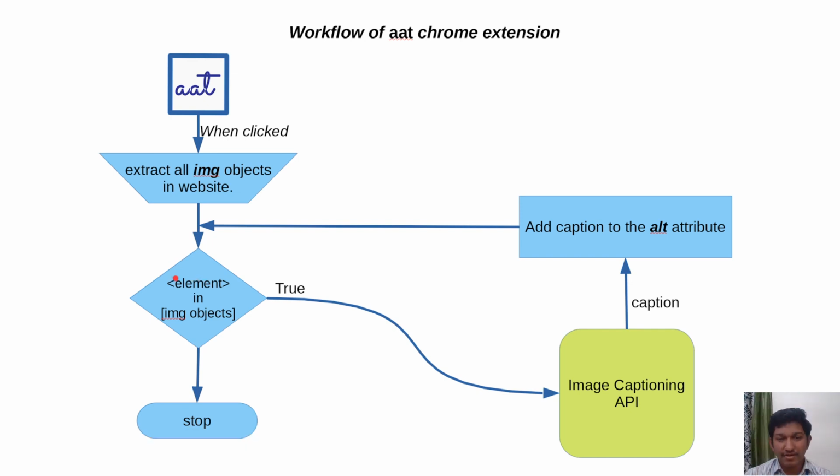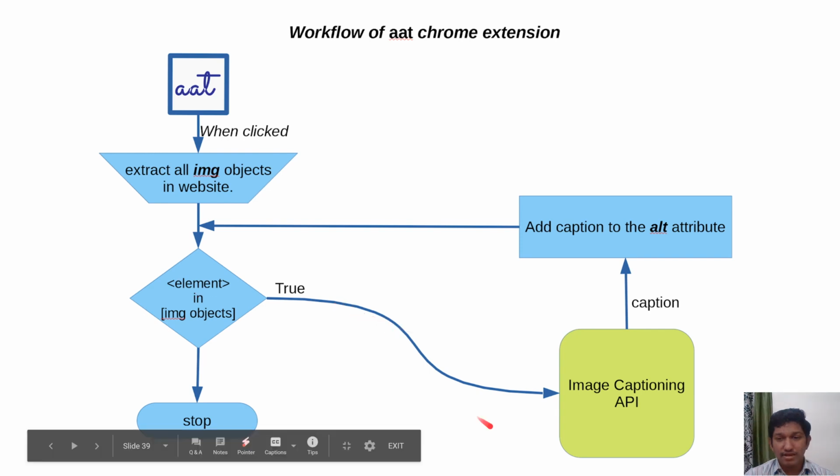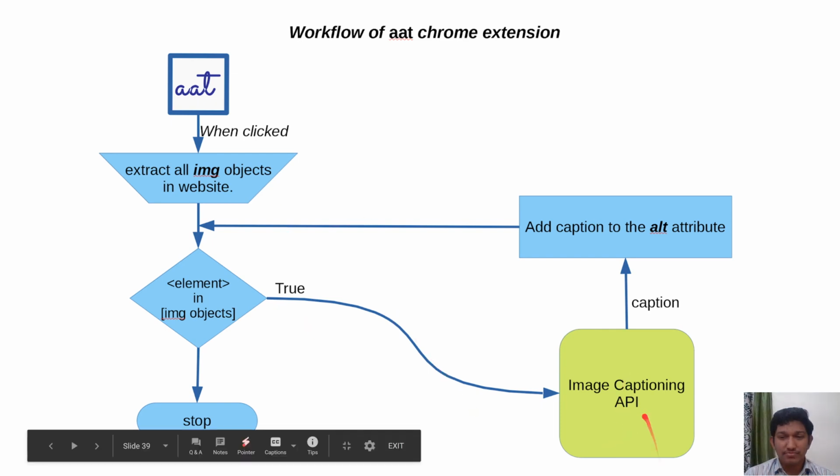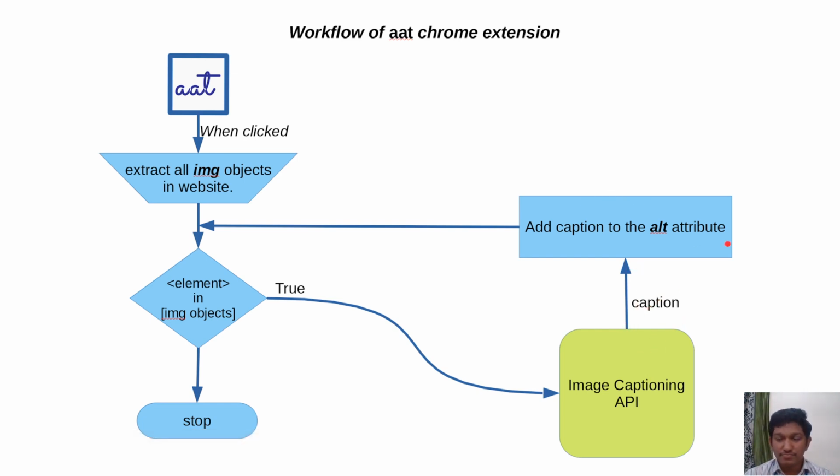For every image object, the image.src value, which holds the URL, is sent as a request to the image captioning API. After sending that URL, the API provides a caption as the response to the client, the browser.